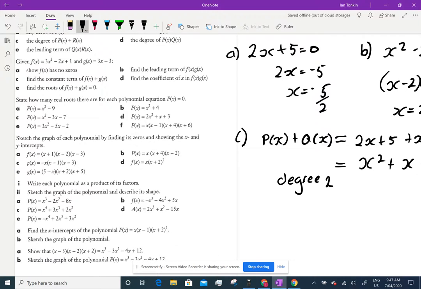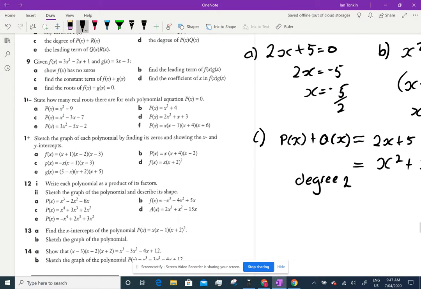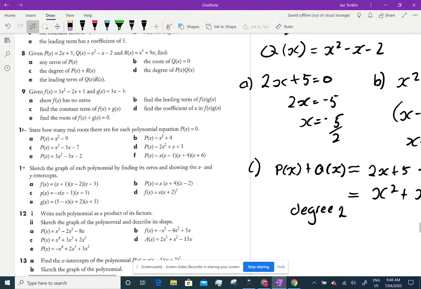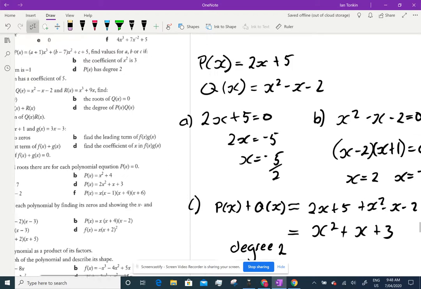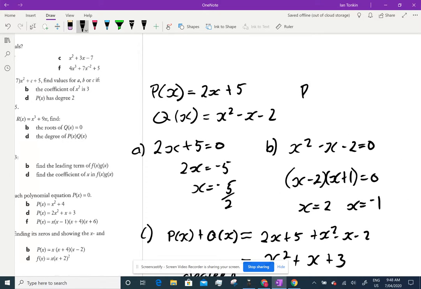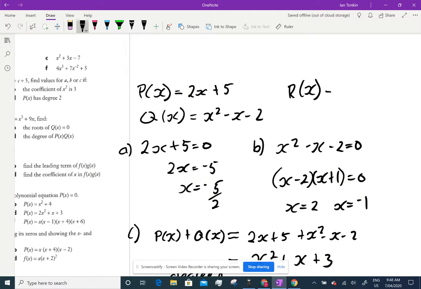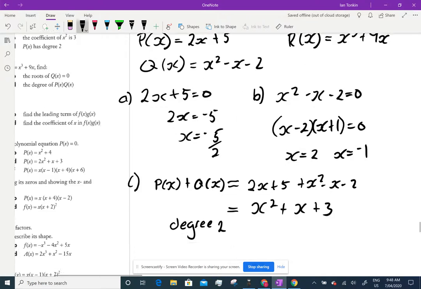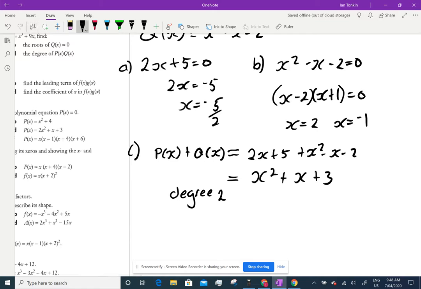Hold on. Sorry, I forgot there was an r of x in there, and r of x is x cubed plus 9x. So it wasn't p of x plus q of x, it was p of x plus r of x.